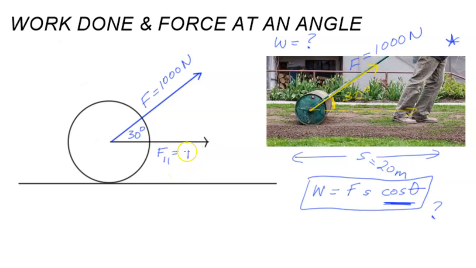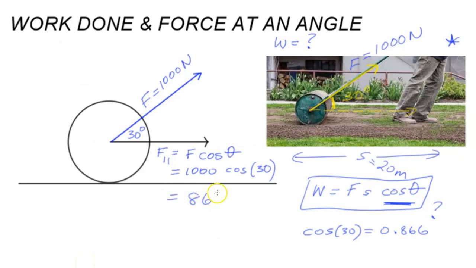Just breaking this down a little bit, cos 30 is 0.866. So if we multiply that by 1000, it's easy to see it's going to be about 866 newtons of force acting horizontally.